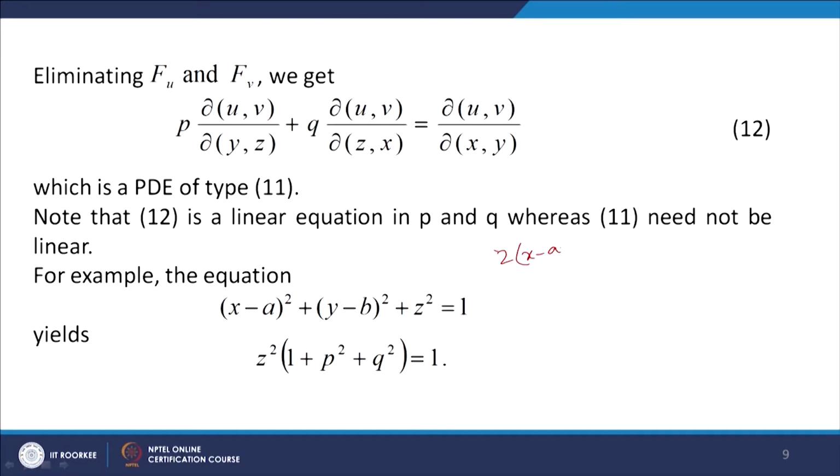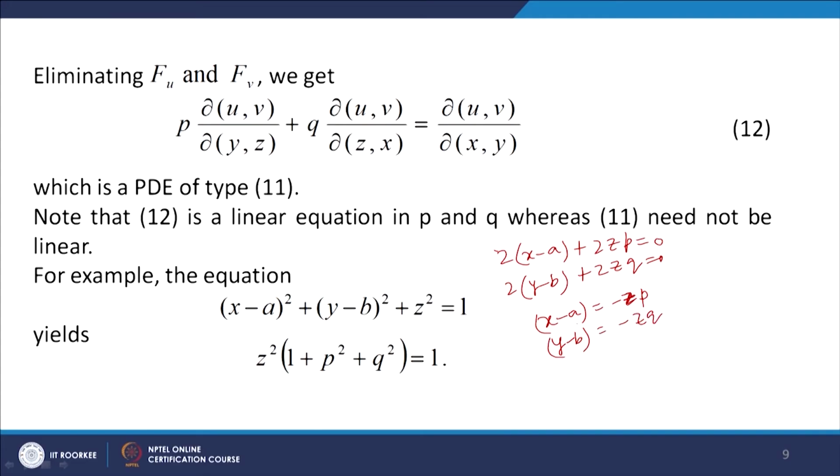We get 2 times (x minus a) plus 2z into p equal to 0, and when we differentiate it partially with respect to y, we get 2 times (y minus b) plus 2z q equal to 0. So we get x minus a equal to minus zp, and y minus b similarly is equal to minus zq.